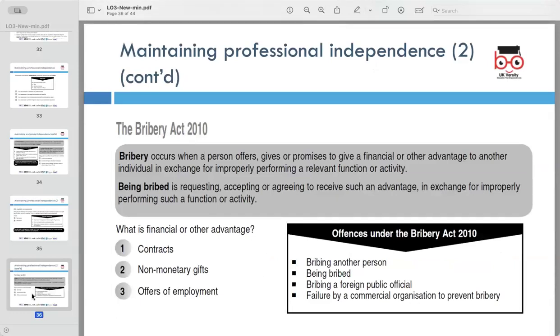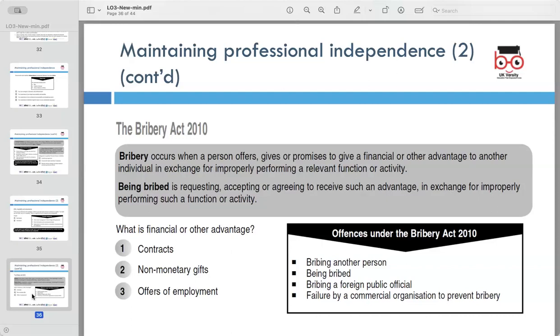The Bribery Act 2010 addresses bribery, which occurs when a person offers or receives a financial or other advantage in exchange for improperly performing a relevant function or activity.